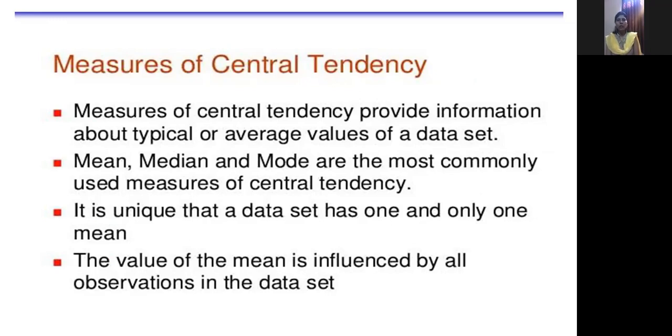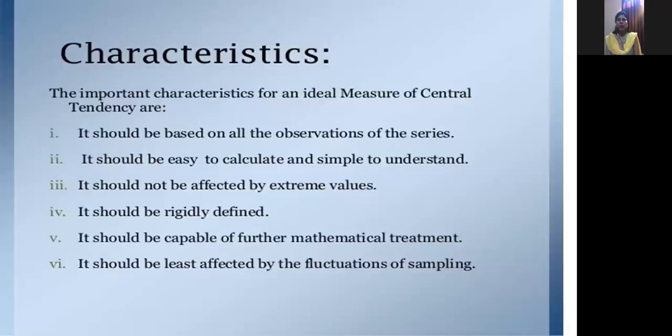The next categorization of measures of central tendency is mean, or we can start with the characteristics of understanding the mean. So the average, which we call mean, median, and mode, what are the characteristics of that average? The main characteristics or advantages of averages: it should be based on all the observations we have recorded.